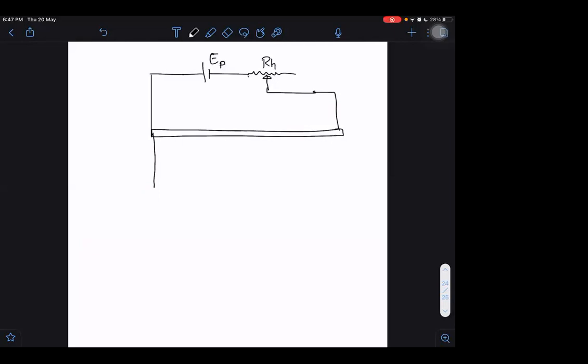And then we have a galvanometer here. I can take one more galvanometer. This is E1.